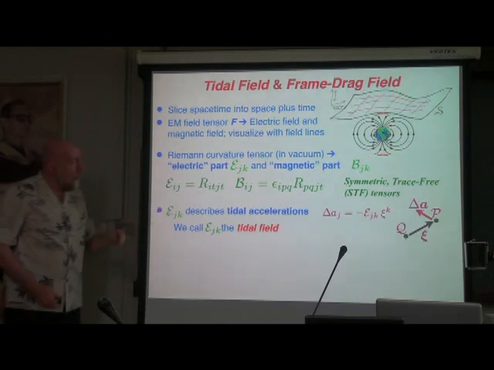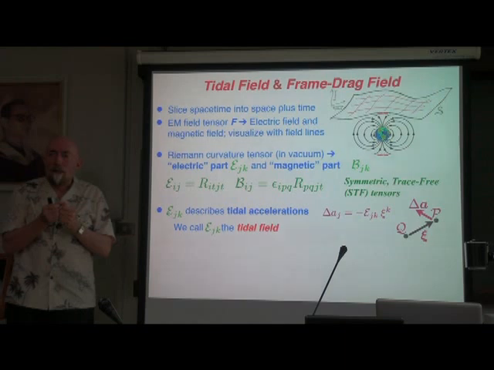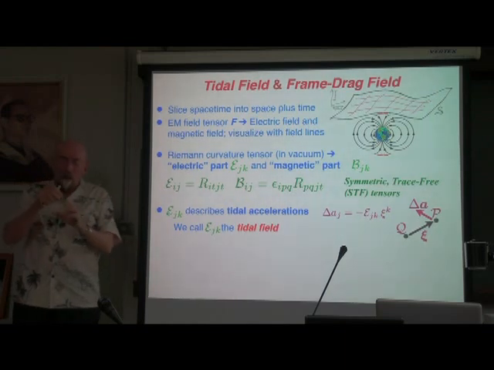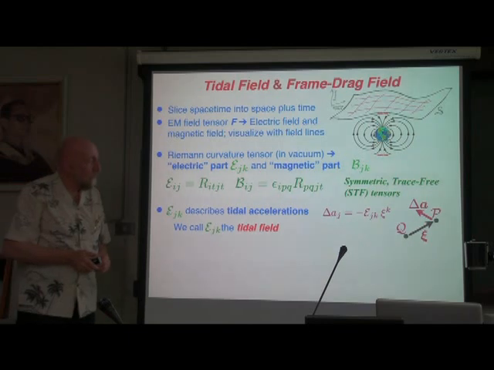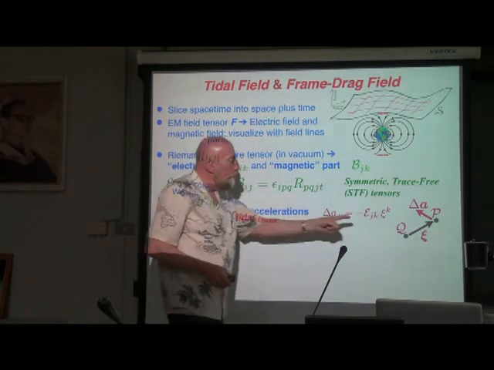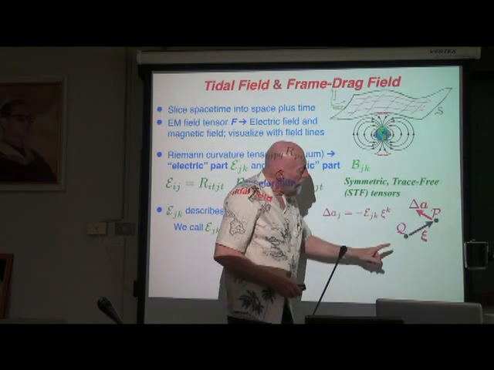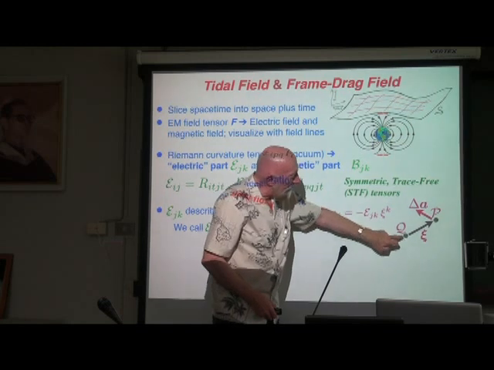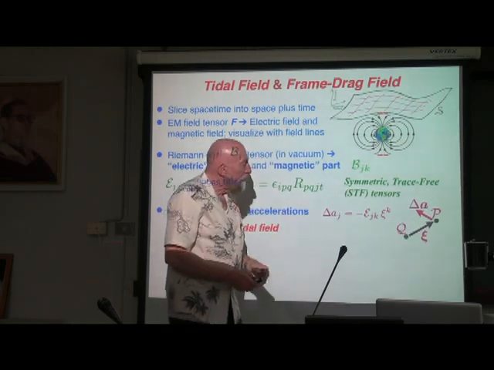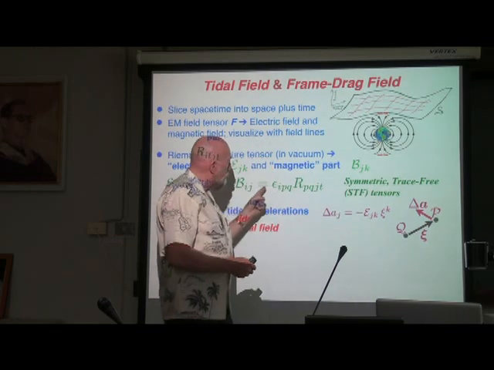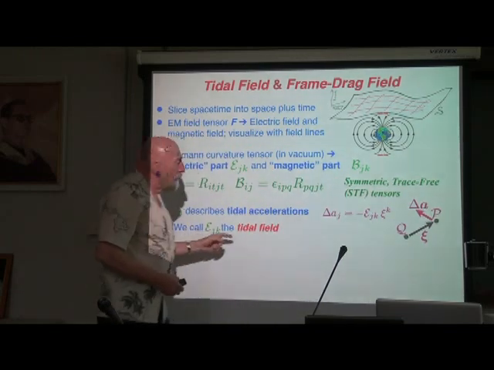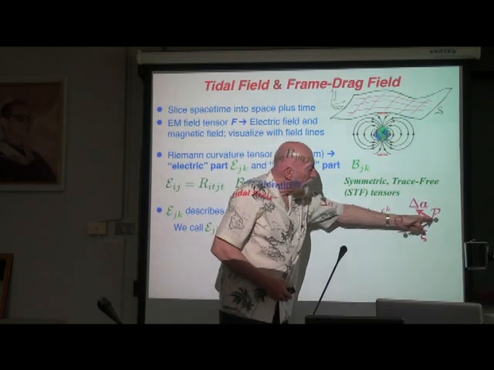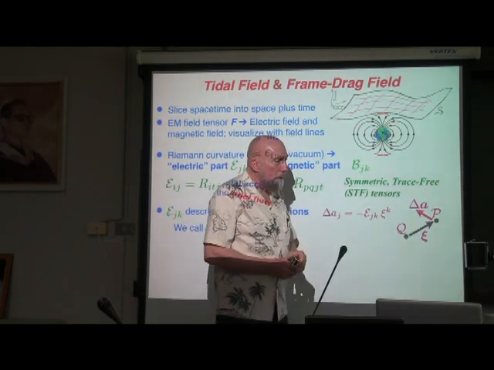So this electric-like field describes tidal accelerations, like the tidal field of the moon that raises tides on the Earth's oceans. If you have 2 freely falling particles, they're separated by some separation vector. One is at location Q, the other at P. Then this tidal field, E, produces a relative acceleration of these 2 particles.